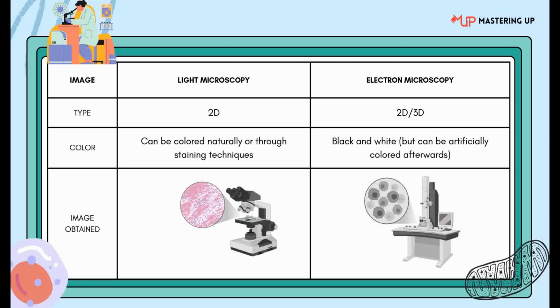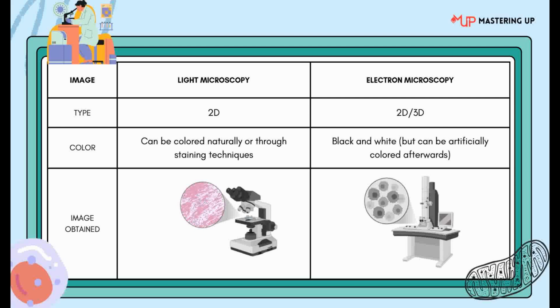In case of electron microscopy, transmission electron microscopy produces highly detailed 2D images by passing electrons through a very thin specimen, while scanning electron microscopy produces 3D images by scanning the surface of the specimen with electrons, showing detailed surface structures in a three-dimensional view.